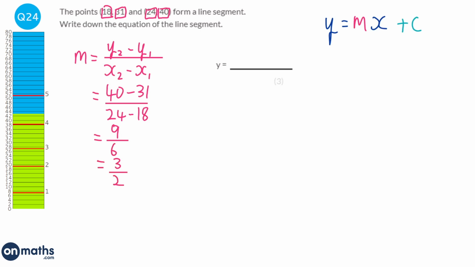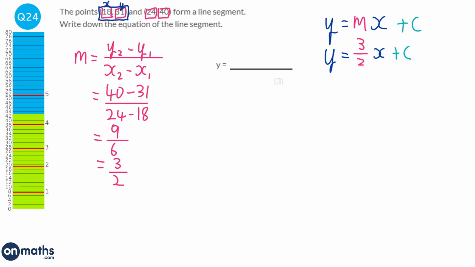So we know that m is 3 over 2, so we can actually just write out that that's going to be 3 over 2x, but we still don't know what the y-intercept is. So what we can do is have a look at the first coordinate, and for the first coordinate we've got an x and y coordinate. So we know what x and y are.